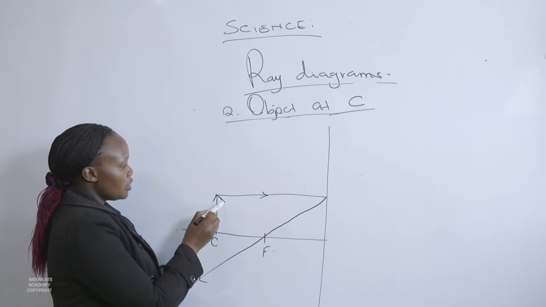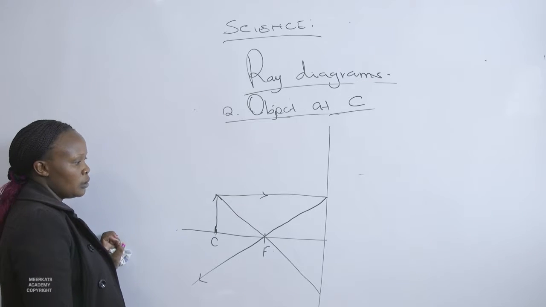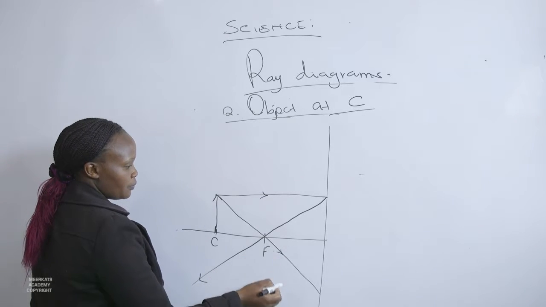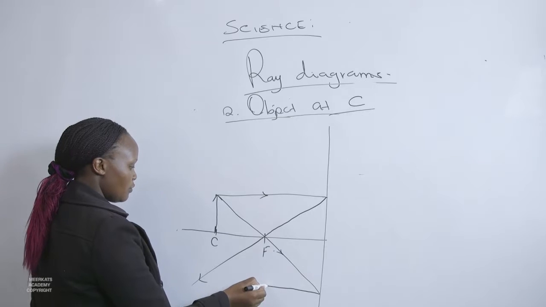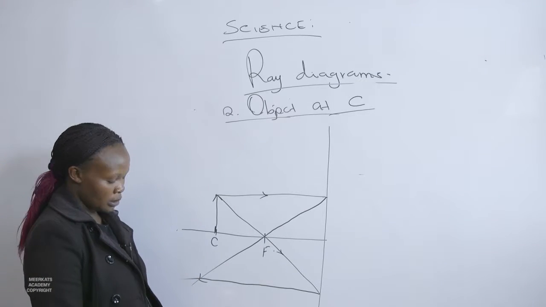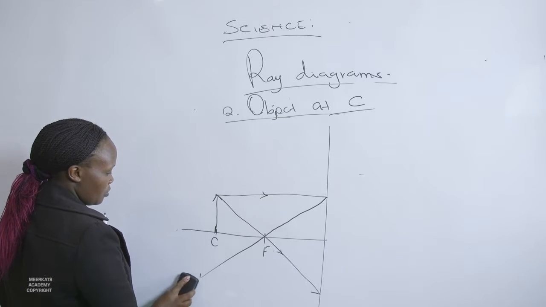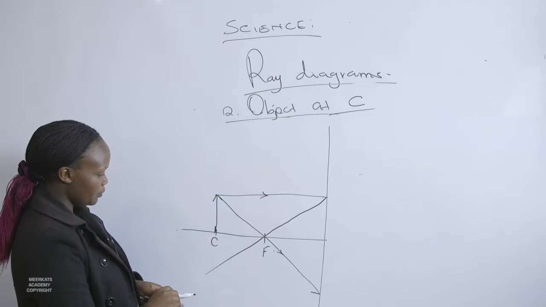We can also consider another one, which is through F, and this one is reflected in such a way that it is going to be parallel to the principal axis.